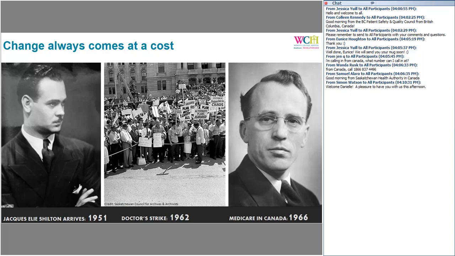And so politicians know that one touches Medicare at their peril in this country, and yet even so, there is much work still to be done.